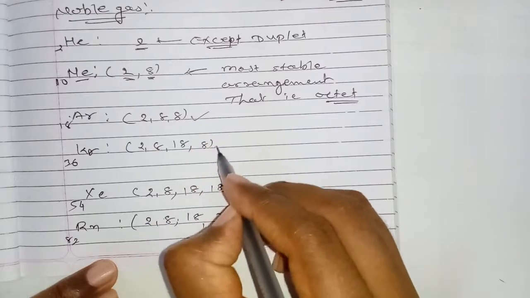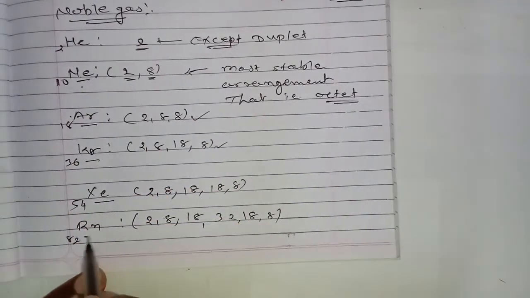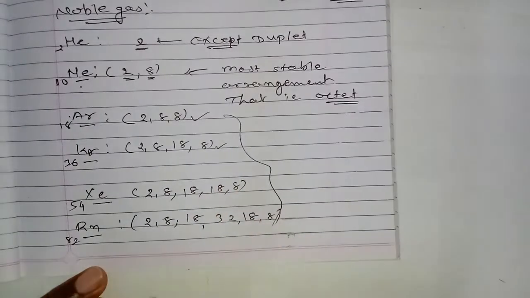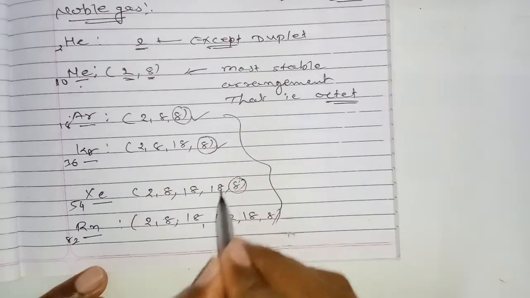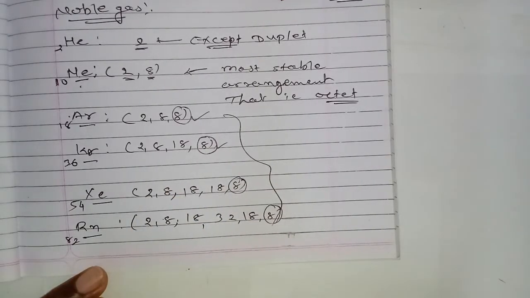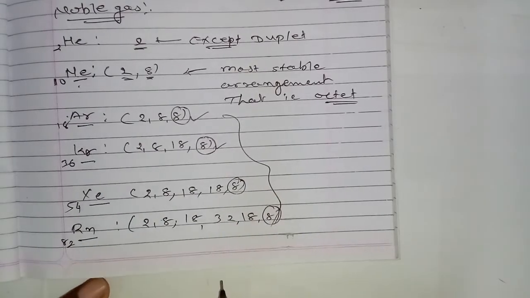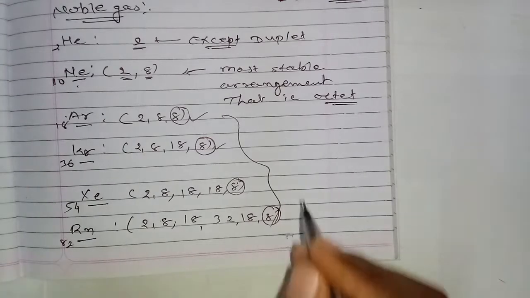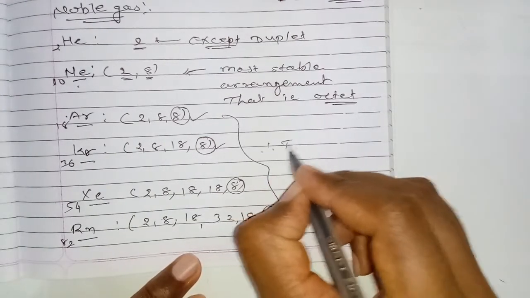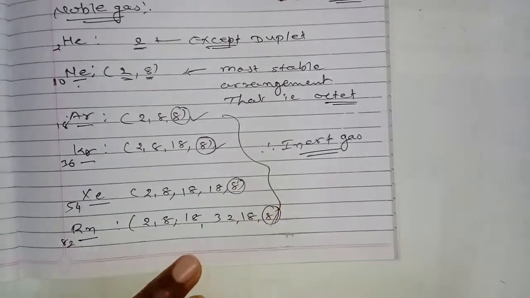Here for neon, argon, krypton, xenon, radon, in the outermost shell there are 8 electrons. They do not undergo any chemical reaction or react with any other substance, and therefore they are inert gases.